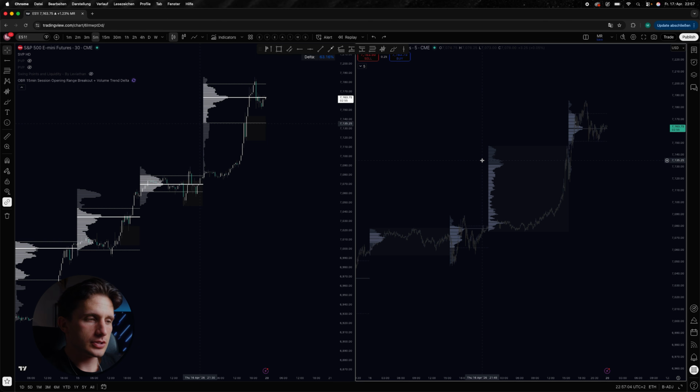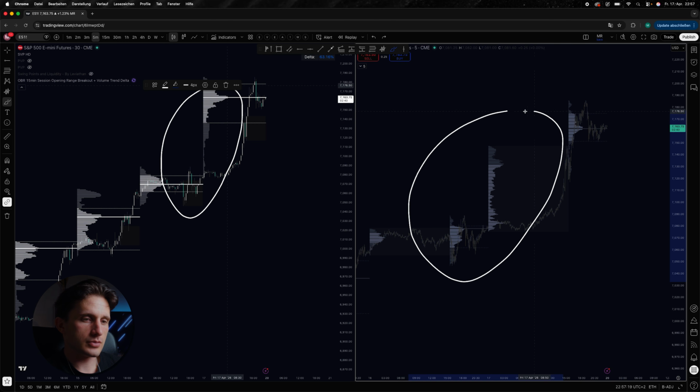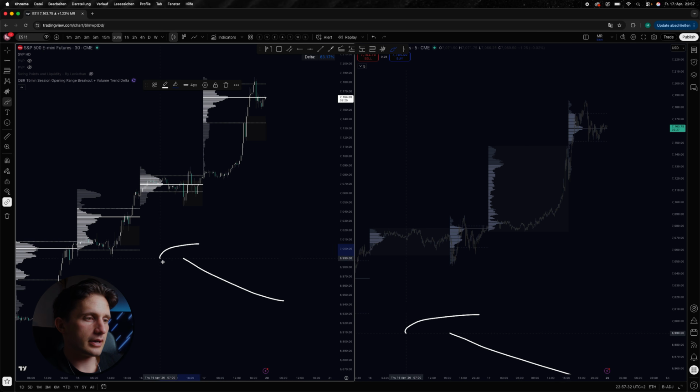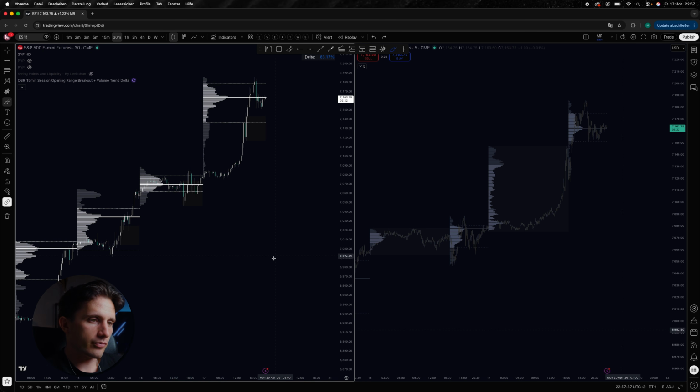This is literally one of the biggest questions that you should ask yourself: if you are a high frequency scalper, if you want to be quick in the market and quick out of the market, then the approach I'm showing you right now is definitely better for you. If you want to buy the market and, let's say, be in a trade for 30 minutes, then this approach that I'm showing you is more for you.